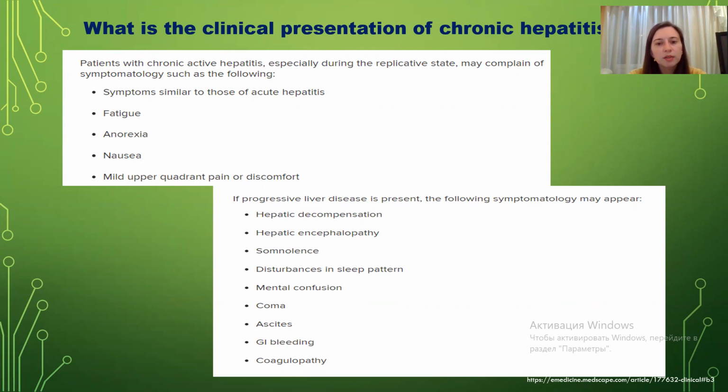If progressive liver disease is present, the following symptomatology may appear: hepatic decompensation, hepatic encephalopathy, somnolence, disturbances of sleep pattern, mental confusion, coma, ascites, gastrointestinal bleeding, and coagulopathy.